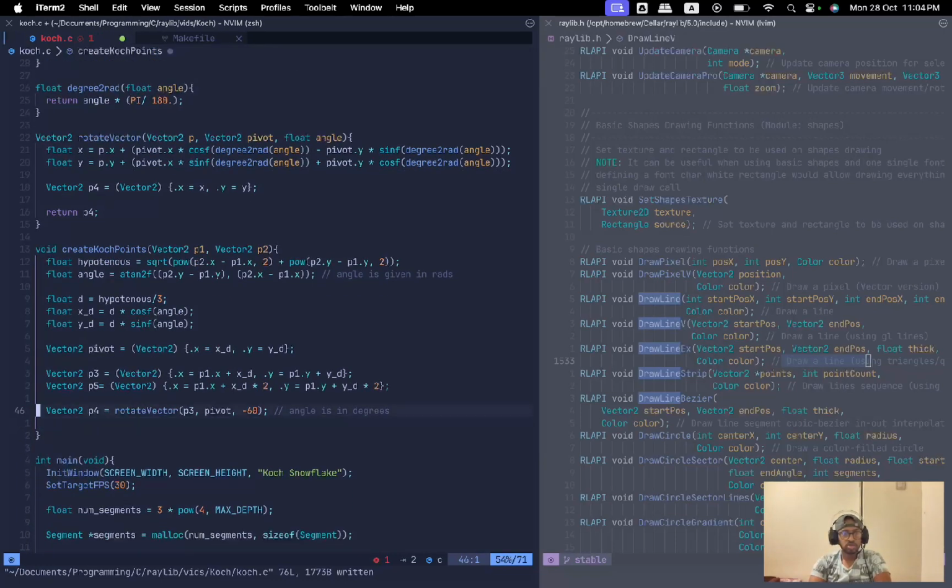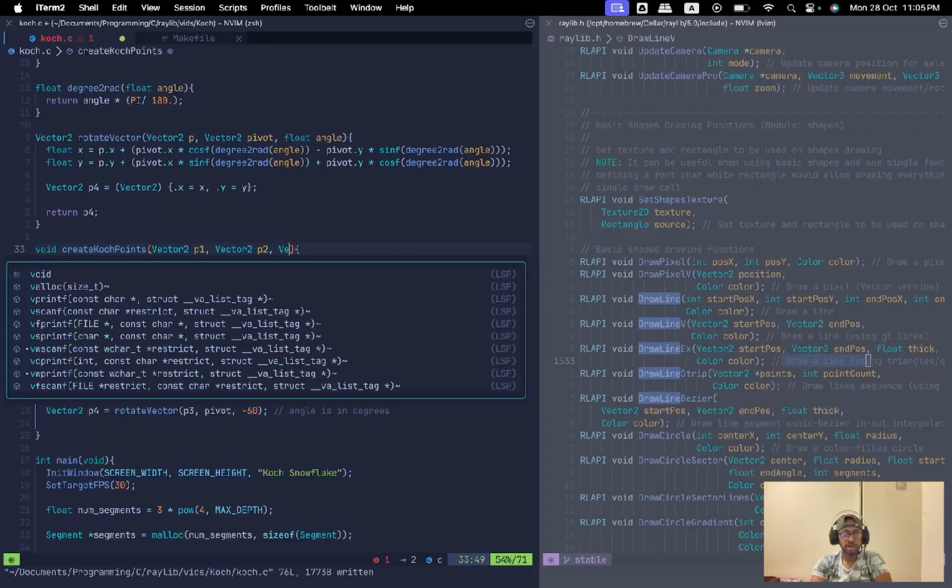Okay, so now I have P4. This seems okay. I have P3, I have p5, I have p4, but now the issue is this function is not returning, so I need to update these values somewhere. I want to call them somewhere. I want to pass p1 and p2, and I want to update.